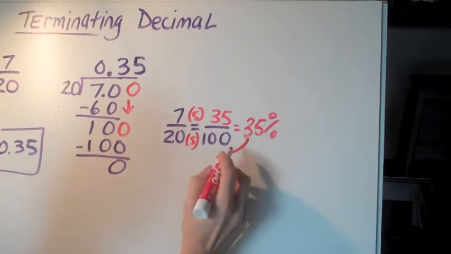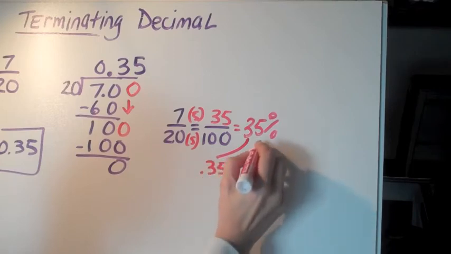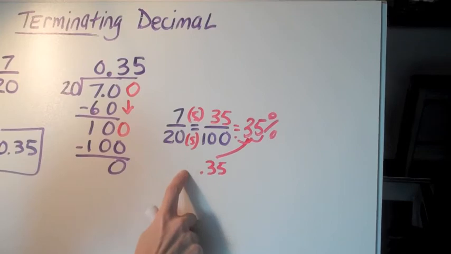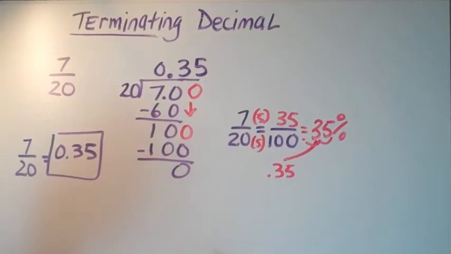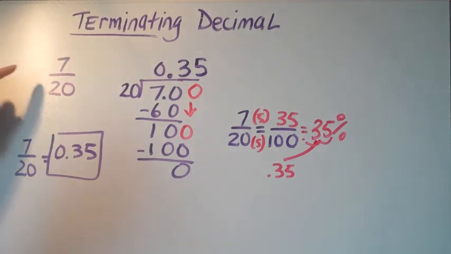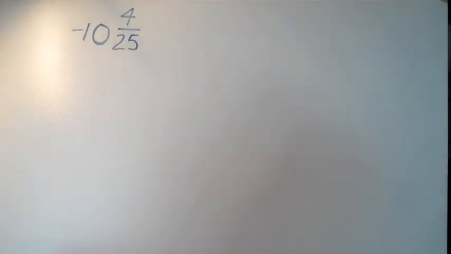If we wanted to change 35% to a decimal, it would be 0.35, because we're going 2 places to the left. So that's another way of doing it. You could do it either way, but it's pretty easy to remember. The top dog goes in the doghouse, the 7 goes into the doghouse, and you just do a simple division there.